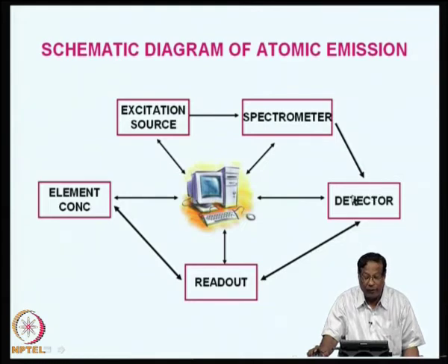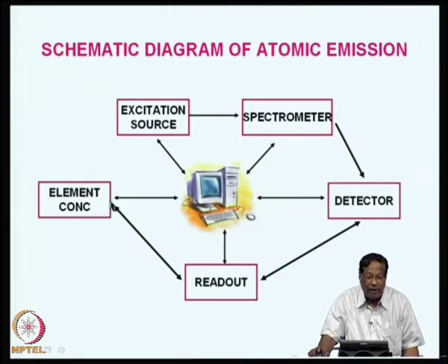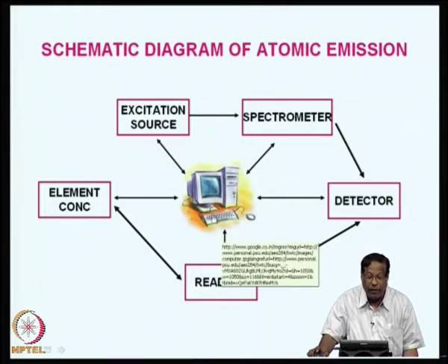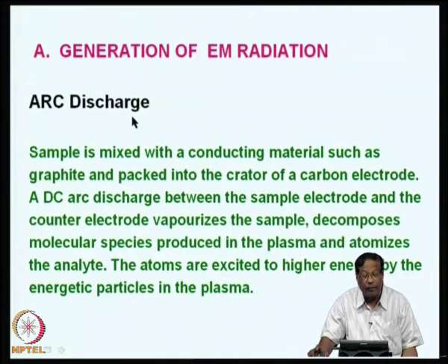This also we have discussed earlier, and then the computer can give you a readout and it can relate to the element concentration. So, all these functions are interactive. The computer forms a sort of center piece which will conduct most of the instrument operations.